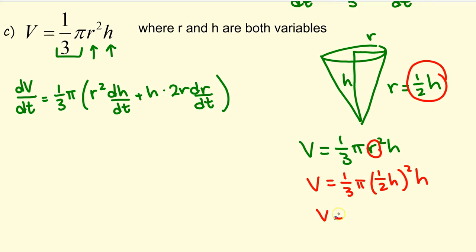That could be simplified and then differentiated. So if you're only interested in the derivative of h and the derivative of V, you could do something like that.